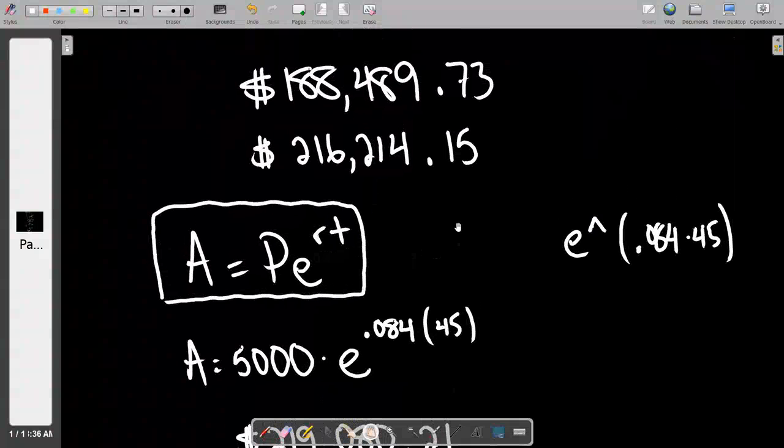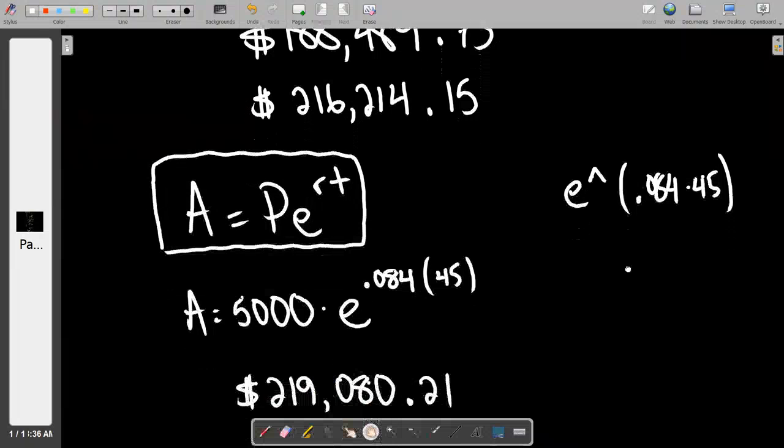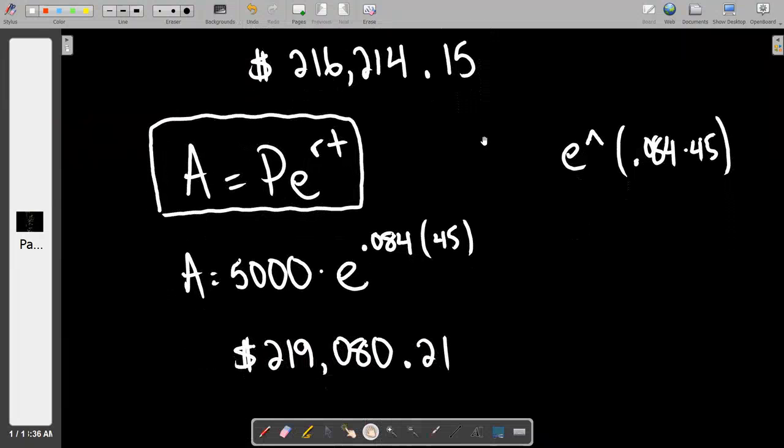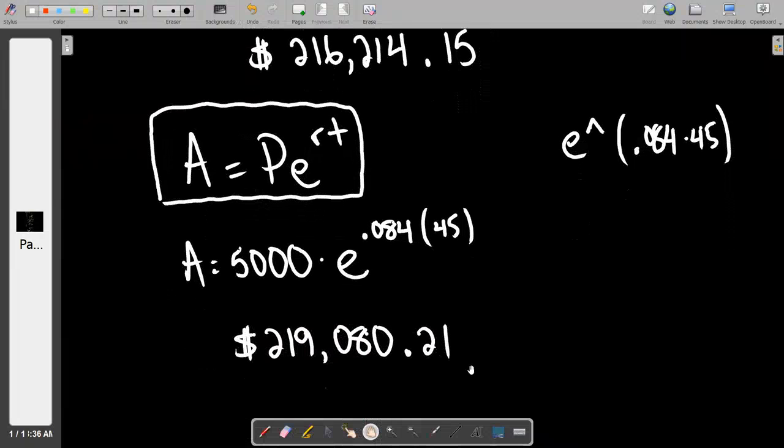There was a pretty substantial jump when we went from just once a year to 12 times a year. Not that big a difference when we went from 12 times a year to infinite times per year. All right, so it's not, like I said, going to blow your socks off, but that's the best we can do, is the continuous compounding. This is how much money would be in the account after 45 years. A stands for the final amount when we're done. Got it?